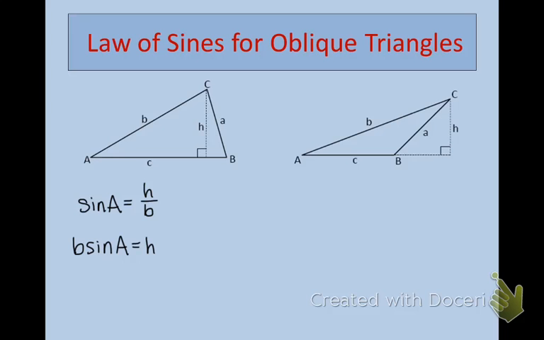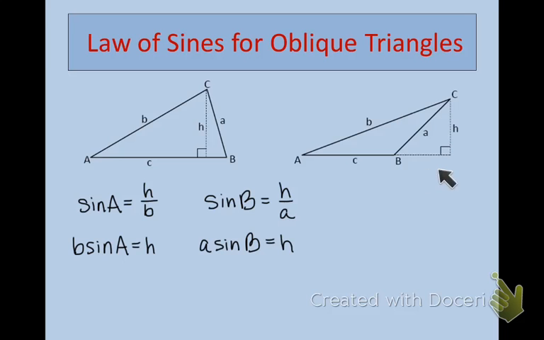So let's write the sine of B in that one. The sine of B is equal to opposite H over hypotenuse A. So what does H equal in this case? A sine of B, right?